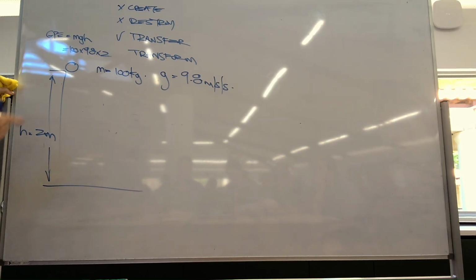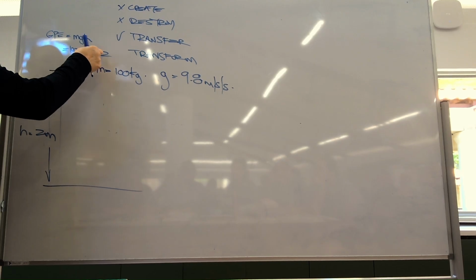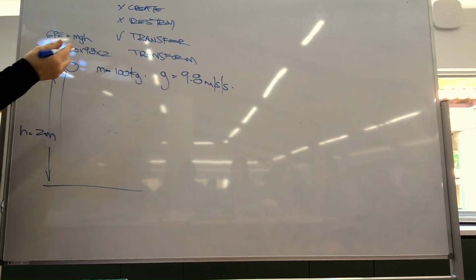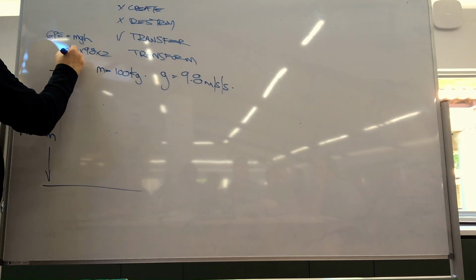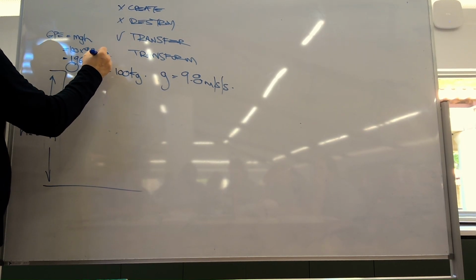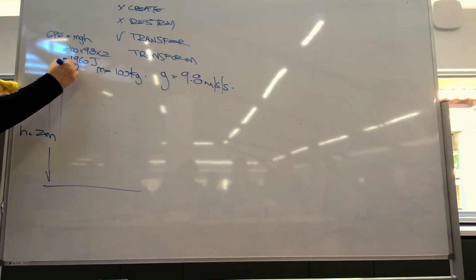So that's 980 times 2, which is 1,960 joules. That's how much energy that ball has.